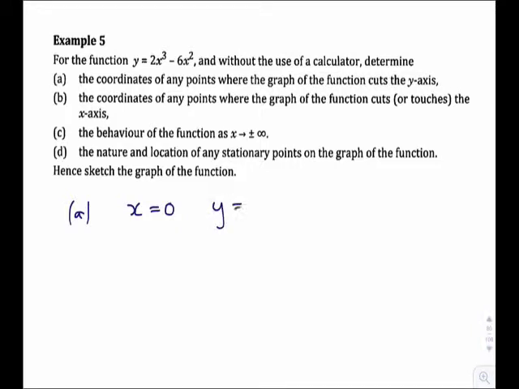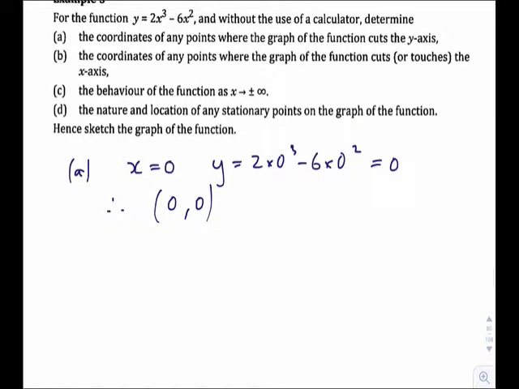So in this case here, 2 times 0 cubed minus 6 times 0 squared is 0. So therefore we know that this thing here goes through (0, 0), and that's the only point that it goes through the y-axis.